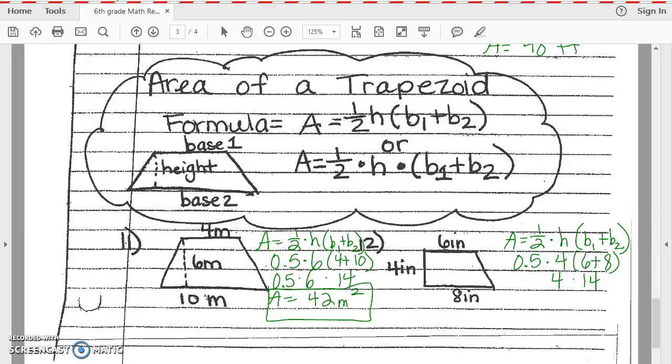So times 4 times 0.5. Now, by the way, when I went from this row to this row, I had my parentheses here. But then when I came down, I wrote 4 times. Why did I write a times right here? Because the 14 wouldn't have any purpose, so you have to have multiplication.